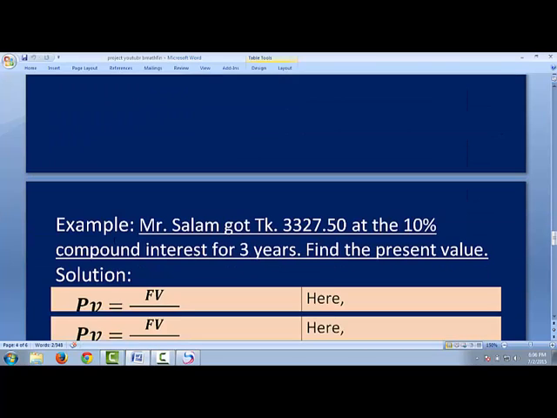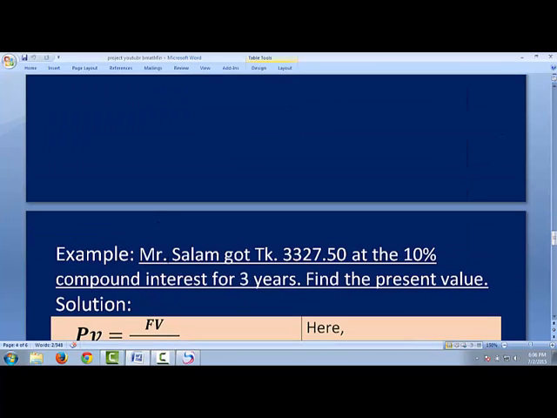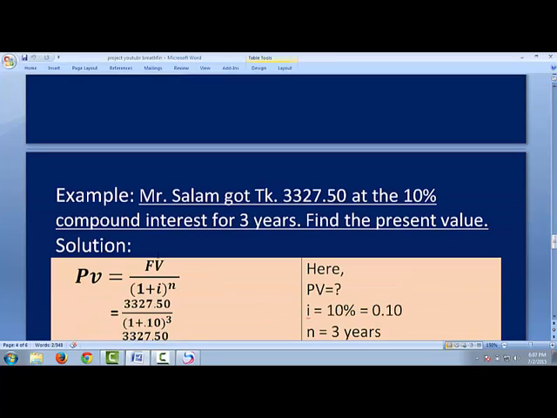We give another example for present value. Mrs. Salam got taka 3327.50 at the 10% compound interest for 3 years. Find the present value. As present value is wanted, we have to use the formula of present value. The present value's formula is FV divided by 1 plus I power n.